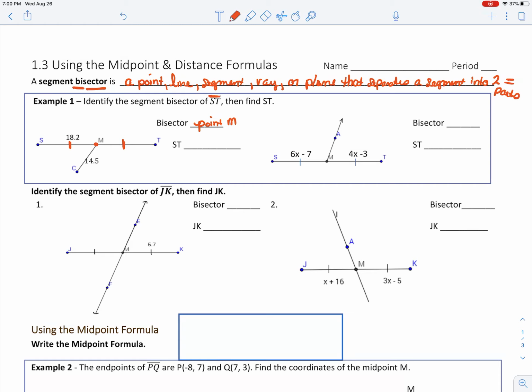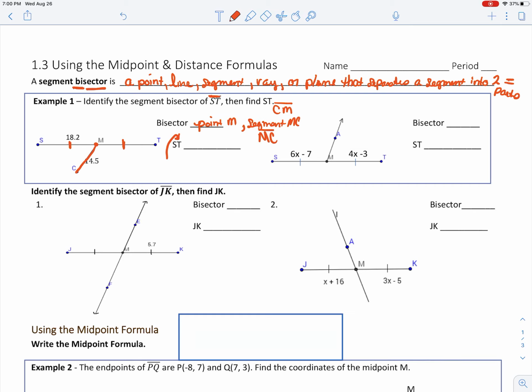Or you could say that segment MC, or we can use our symbolism, MC, with the segment mark on top, or we could also call it segment CM. All 3 are perfectly acceptable answers for this. So then we want to know, what is ST? Well, notice the absence of the symbol here.